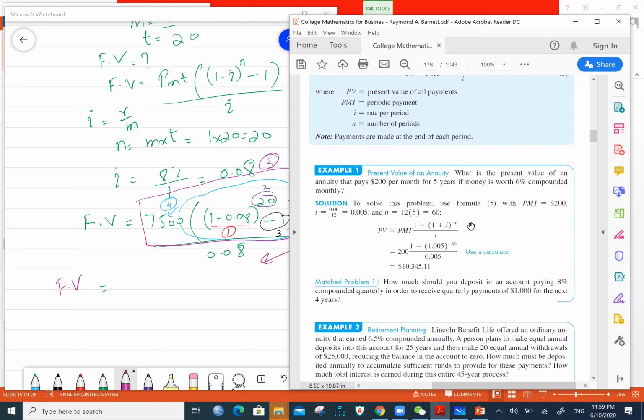How much should you deposit in your account annually from now onward up till 20 years so that you have a lump sum amount in 2040 so that you can withdraw $25,000 every month and live up till 2060, withdrawing those 25,000 for the next 20 years? Is that clear?